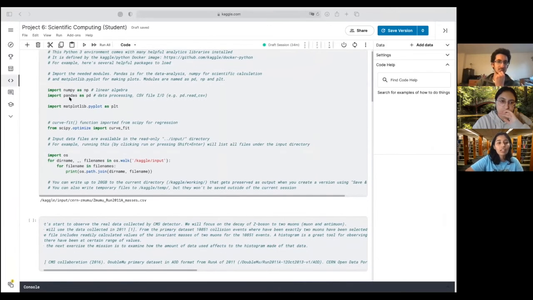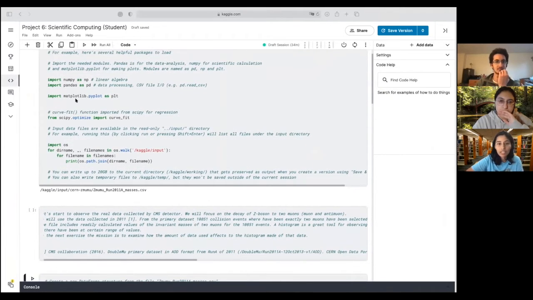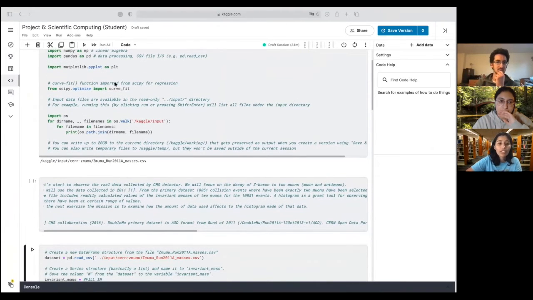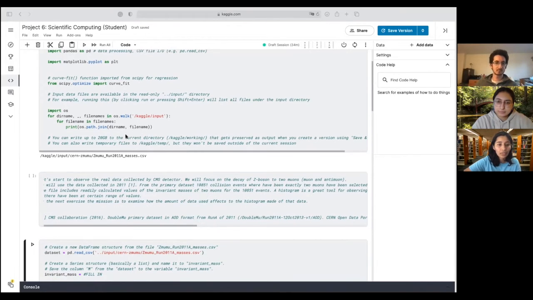For plotting, we use Matplotlib. Another important function is for regression analysis that we just saw in the previous slide. We use curve_fit, which is found in SciPy. This is really useful because we don't need to write our own functions for those minimizations. This function would directly do that for you.